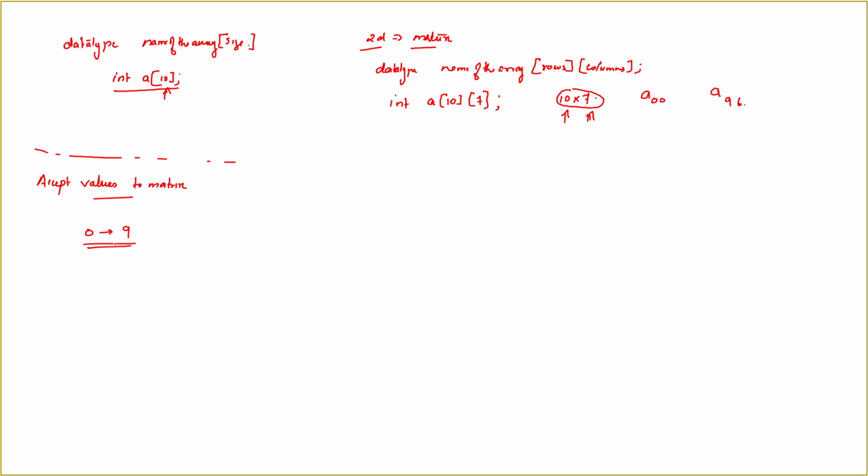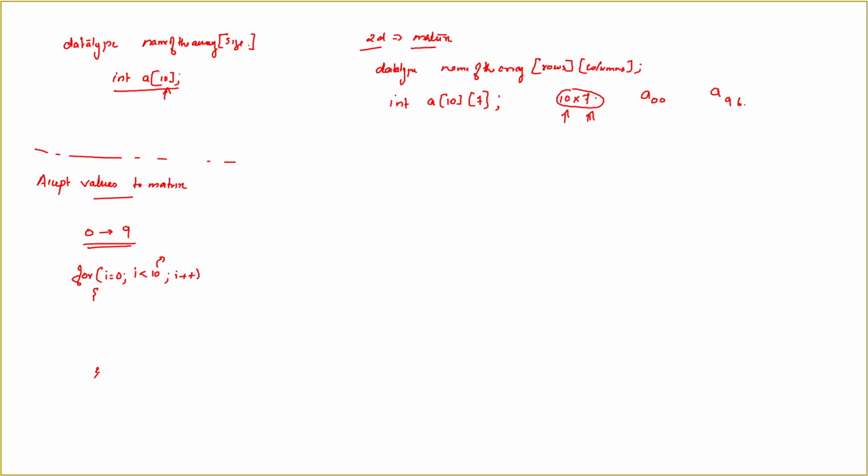So I write a for loop: for i equal to 0, i less than 10, i plus plus, where 10 is the number of elements. The value of i will vary from 0 to 9. I hope it is clear.